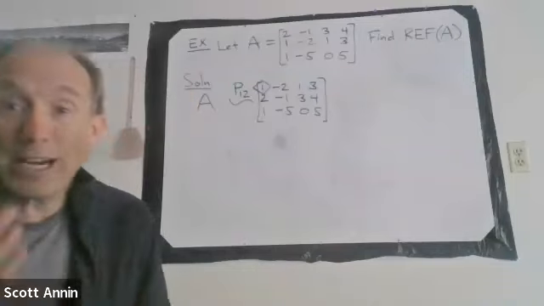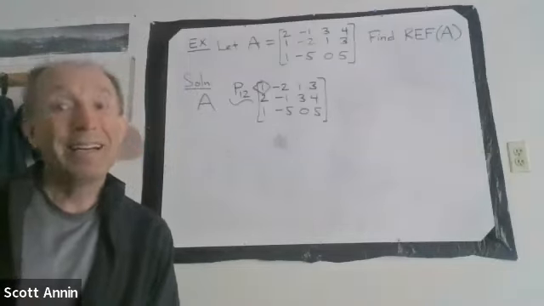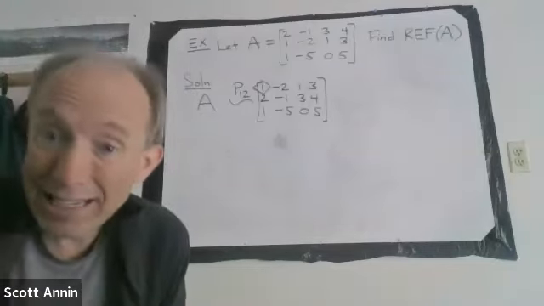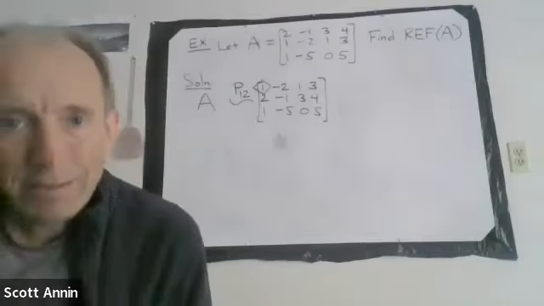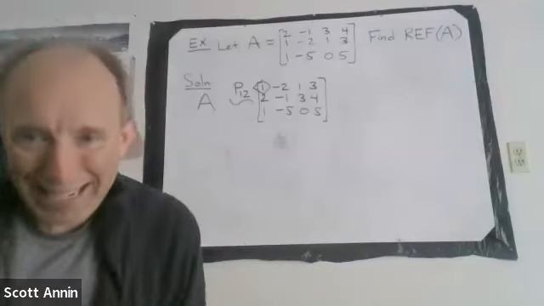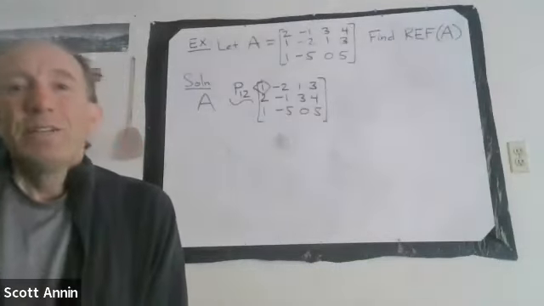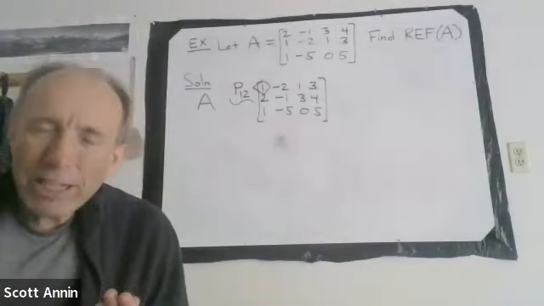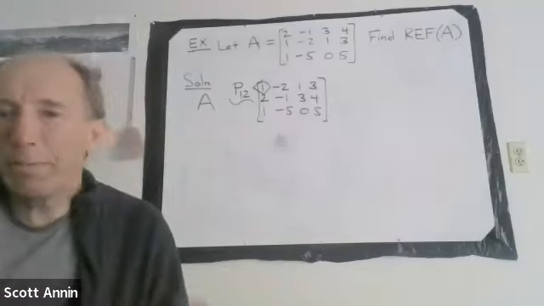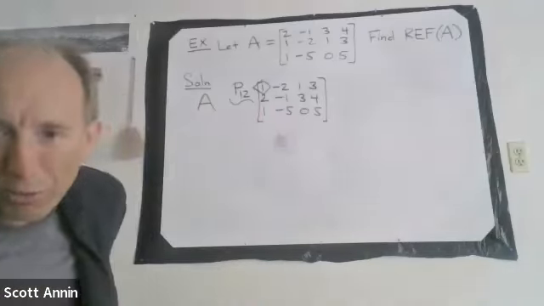If you're trying to check your answer against a book's answer where they have just one answer in the back, you may have a correct answer that's different than one that you find in the book, because there are many correct answers for the row echelon forms here. Okay. So what we want to do is try to get a reasonable answer relatively quickly that's as clean and simple as possible. So I have avoided fractions by doing P12.